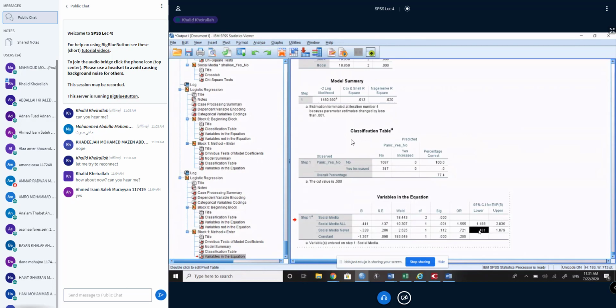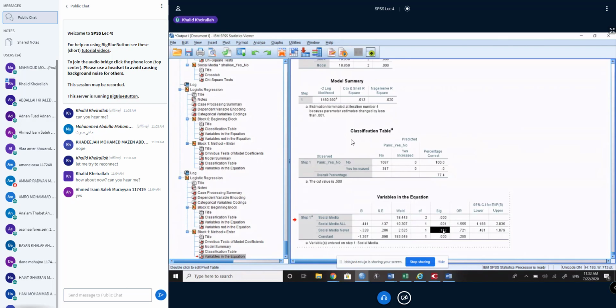The odds ratio here is 0.81 and 1.09. Now note that the odds ratio here was significant. The odds ratio here was not significant.